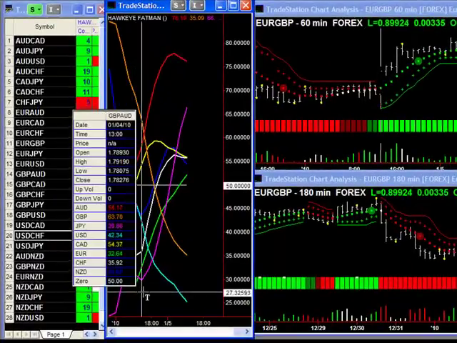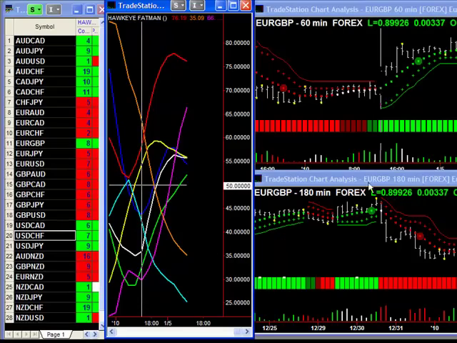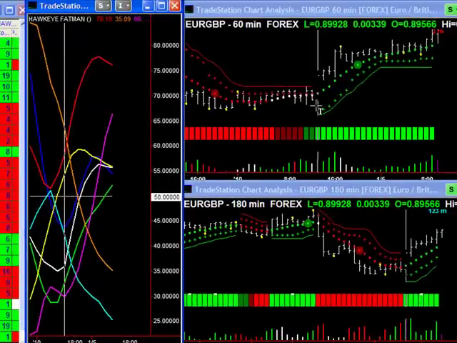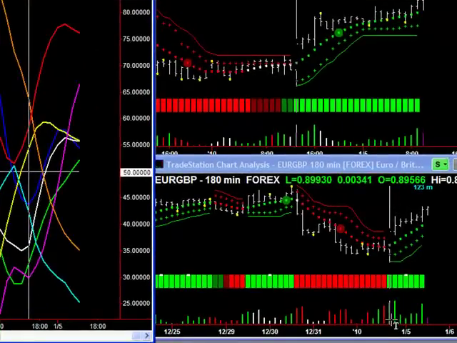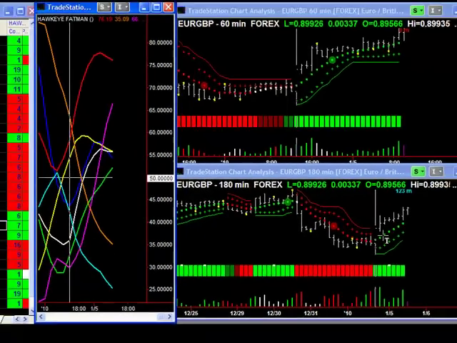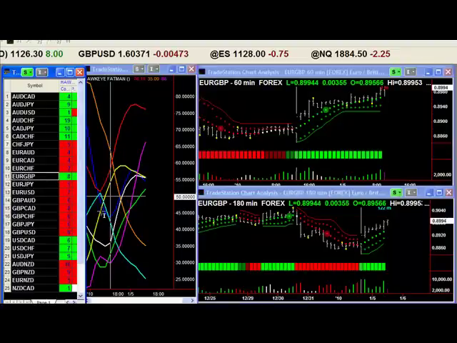Then we go over to Hawkeye and we can see that at this junction everything clicks in and it tells us, yes, this is the currency pair that we can trade. We can take this trade, we can go long of the euro against the British pound on the 60-minute, and also we can see that the volume and the Hawkeye heat map and the trend have also gone long on the 180-minute.